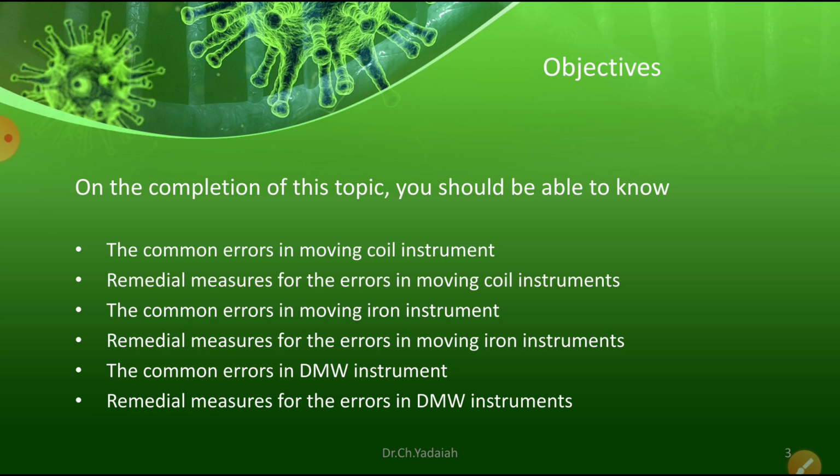As we know, the coil in the moving coil instrument and also the coil in the moving iron instrument is an electromagnetic coil, and in the dynamometer type we also have coils, fixed coils and moving coils. That is nothing but the armature. The armature is producing deflecting torque.